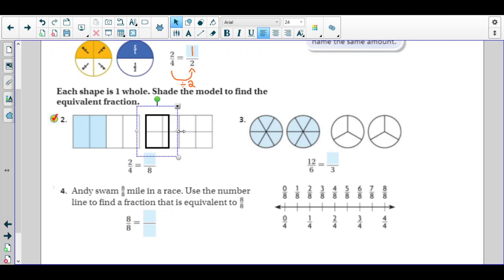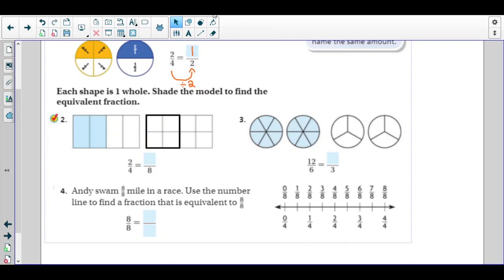And then here is another one right here. So we'll go ahead and get that shaded in. Here we go. And we are able to see 1, 2, 3, 4.